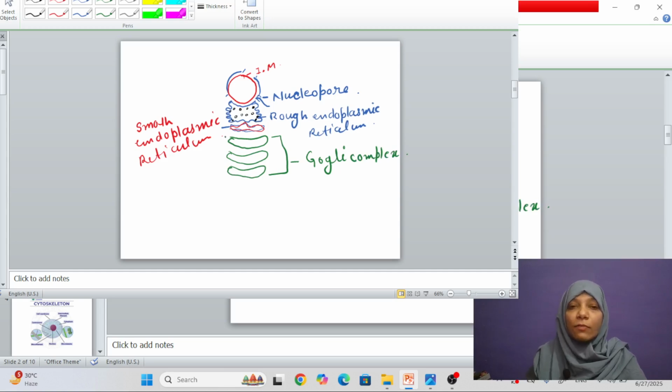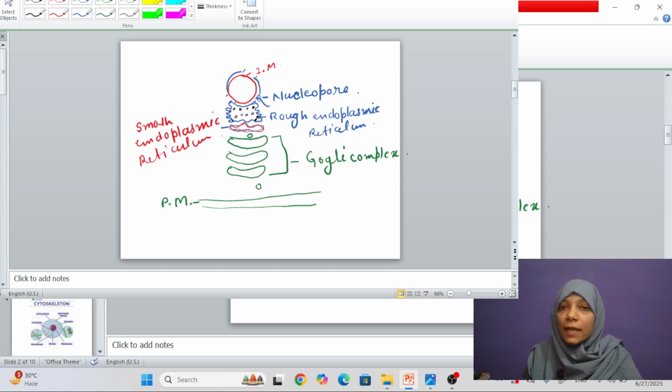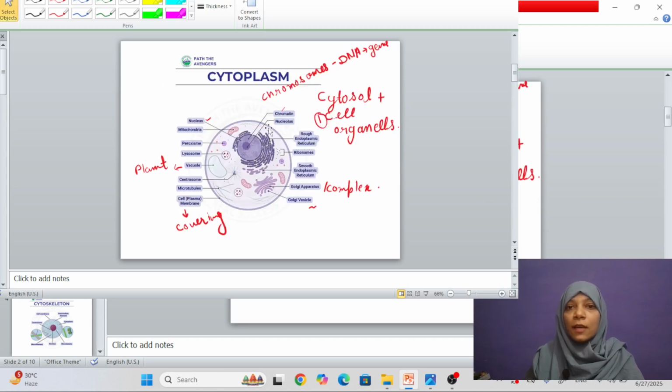Here some vesicle-like structures are also present. Here is the plasma membrane, the boundary of this cell. This is the actual structure of the plasma membrane.